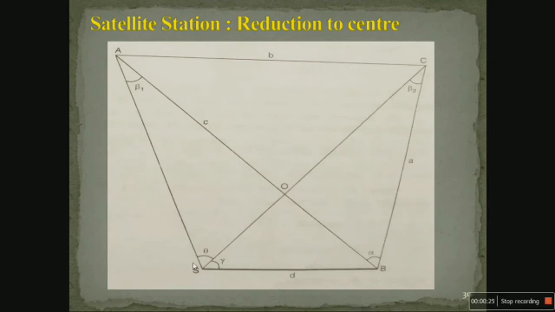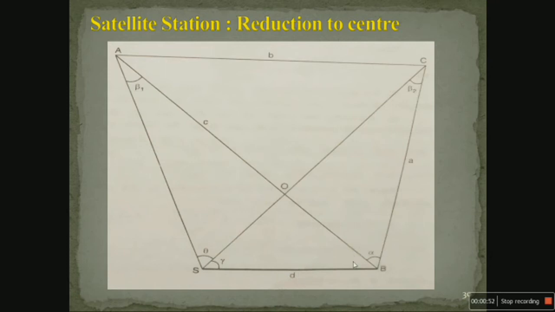S is the satellite station, and angle beta 1 is at the position of A between B and S. Similarly, angle beta 2 is SCB. Then this is theta and this one is gamma. Here we can measure the distance between the main station and the satellite station. That distance is small d.